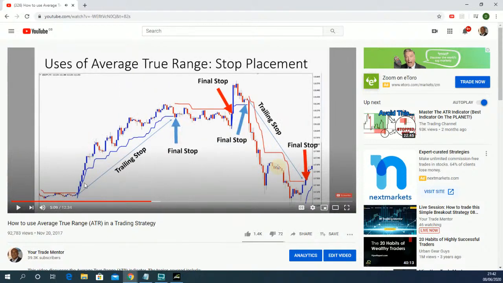So this is how the ATR will work. You start here. It will start to trail your position as you go along, and when your price touches it, then you're out. The same thing here, you have a sell position, it will trail it, and when the price touches your ATR stop, then you're out.